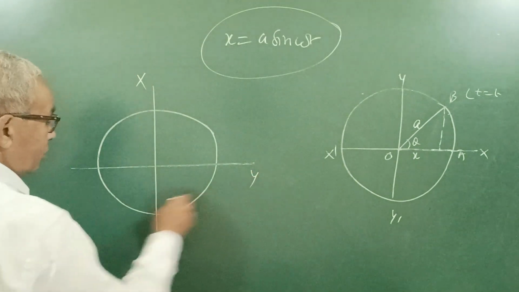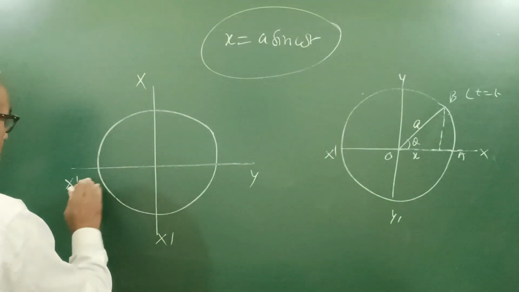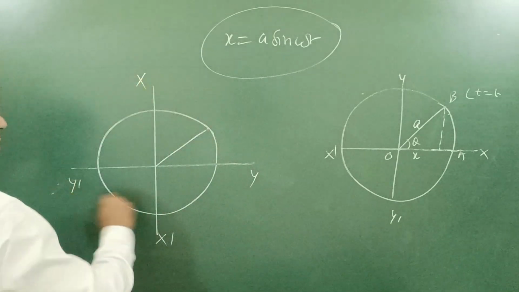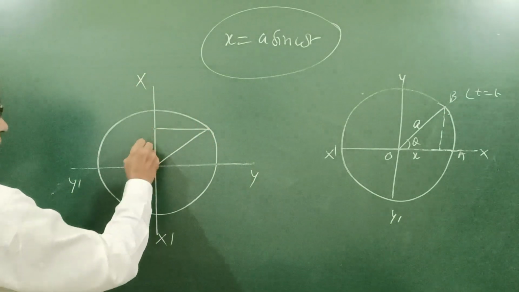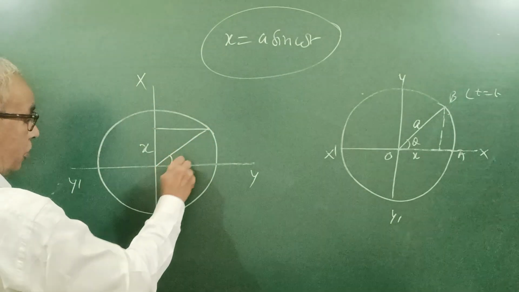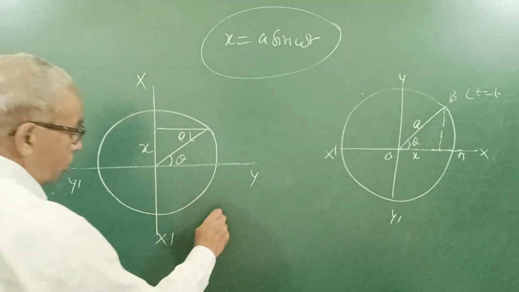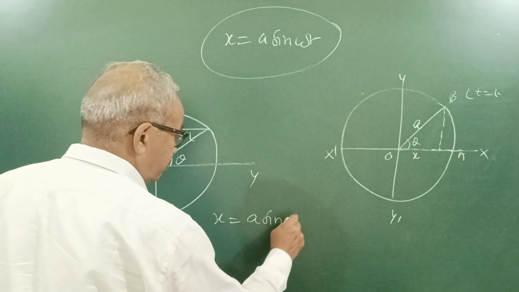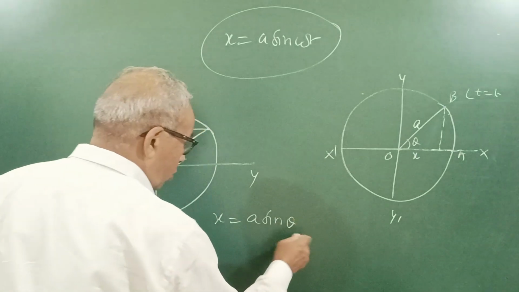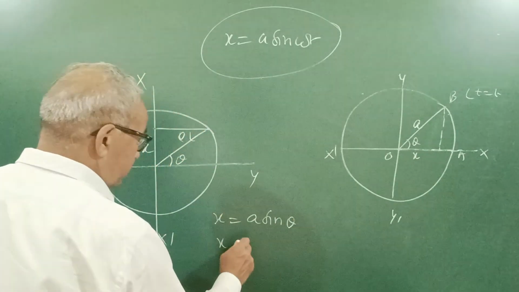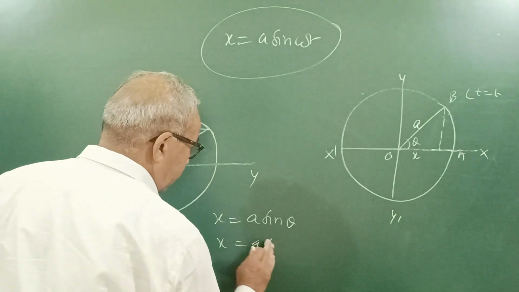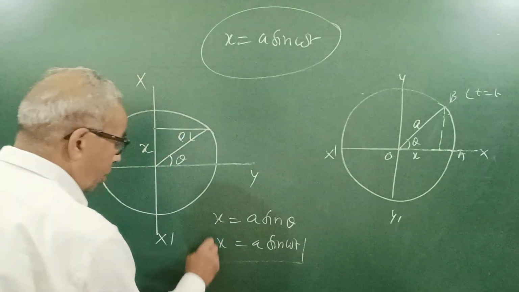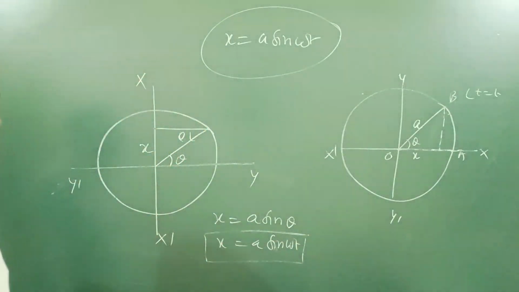And the body moves on the same path. Now the projection is x. This is theta, this is theta. So you can write x equal to a sin theta, or theta is omega t, so x equal to a sin omega t also. It is our own choice.